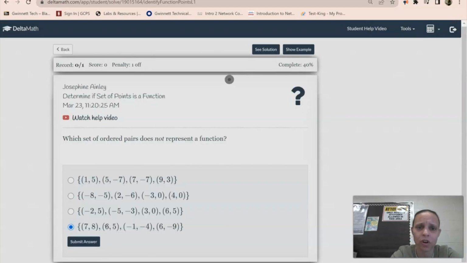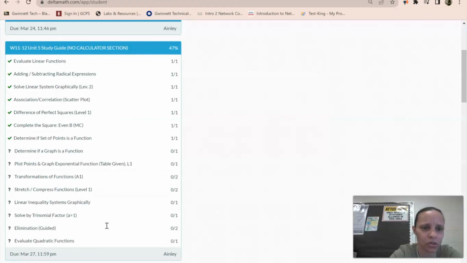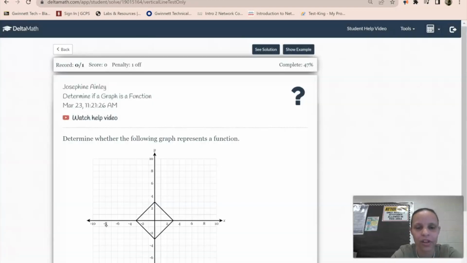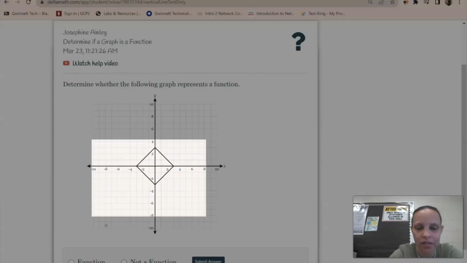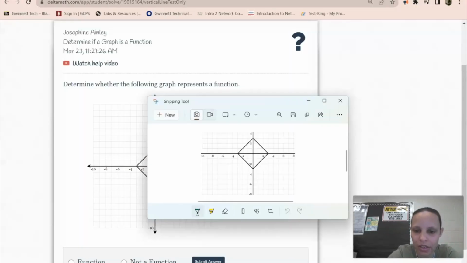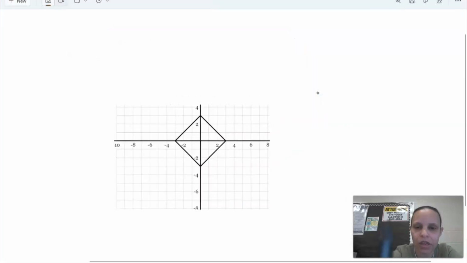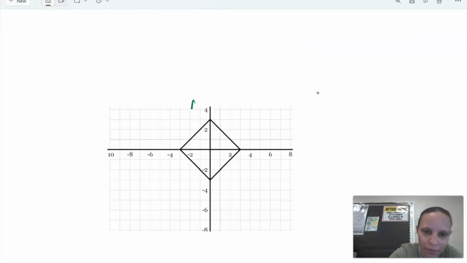Now you can do this from a coordinate, or you can also do it from a graph. So looking from a graph, x cannot repeat. The easiest and quickest way to do this is just by looking at the vertical line test. What that means is when you draw a vertical line, if it goes through 2 points vertically, x is repeating.